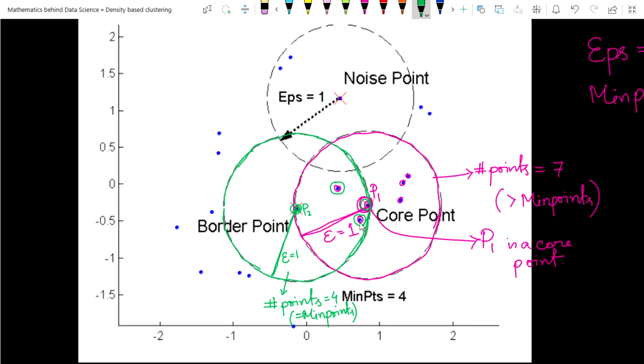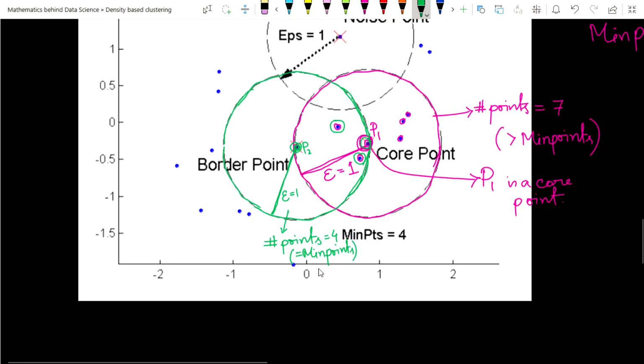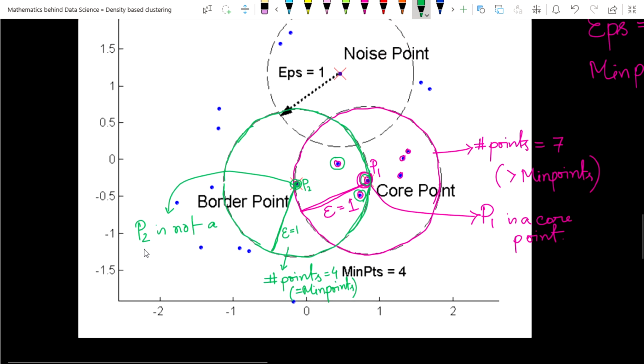So don't be confused about this. The number of min points is equal to 4, and the number of points in this region is also equal to 4. So for these reasons, P2 is not a core point, by the definition.